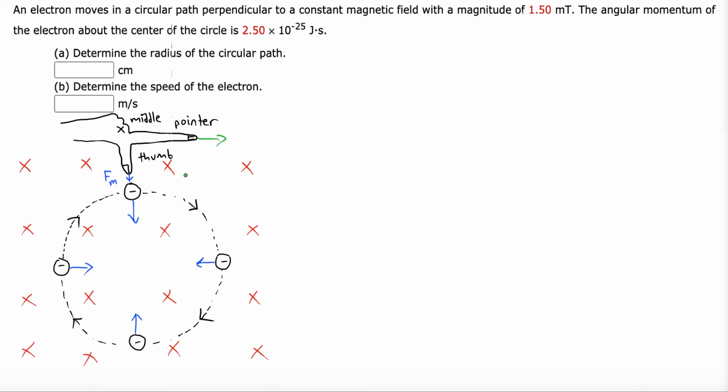Its velocity is going to be to the right here, down here, to the left here, because we always want the velocity to be tangent to the circle. And there we go, we get nice centripetal motion for that particle. And this is the magnetic force.